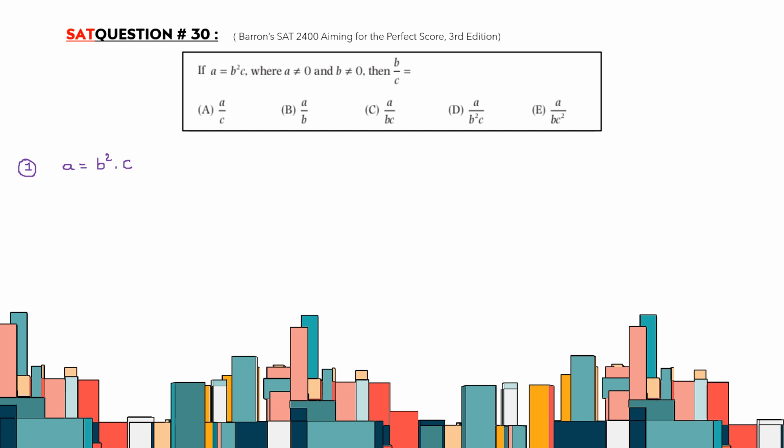To make B divided by C, I have to make the C right here disappear, right? So I divide both sides by C squared.